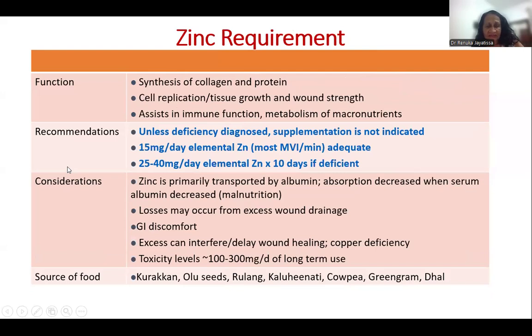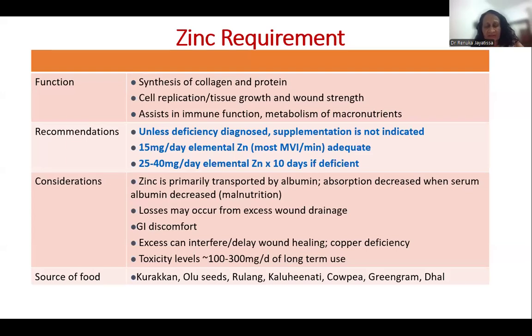Then the other mineral is zinc. Zinc also helps to synthesize collagen and protein, and supports wound strength, cell replication, immune function, and metabolism, so it is a very important mineral. Usually we don't diagnose deficiencies because in Sri Lanka we can't do this testing, but other countries do mineral panels, diagnose, and then provide supplementation if needed.